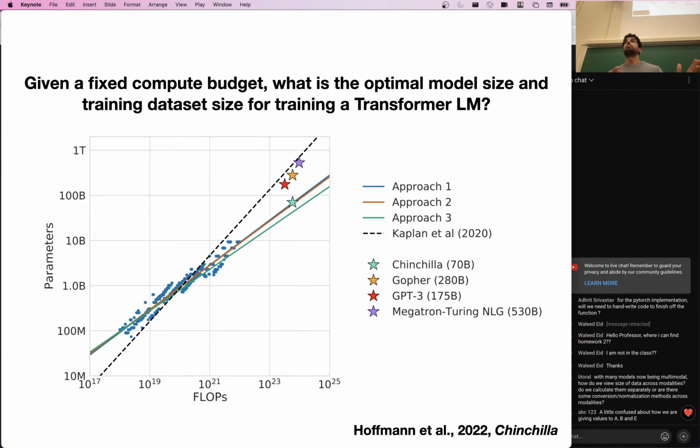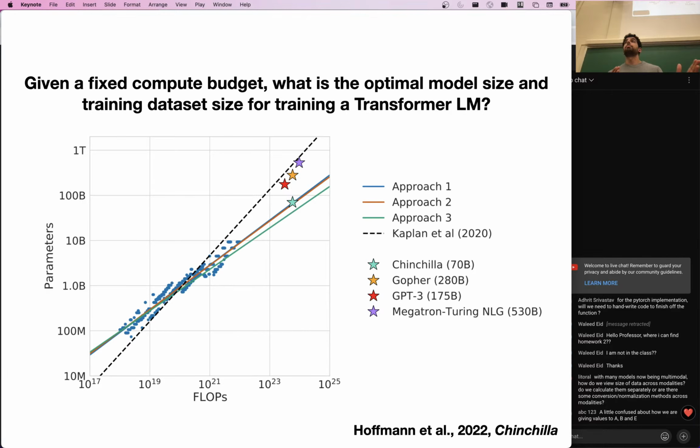And Megatron Turing NLG, I think this is by Microsoft, is actually a huge model, 530 billion parameters. But again, it is under-trained. It was not trained on enough data because it was using this other scaling law.